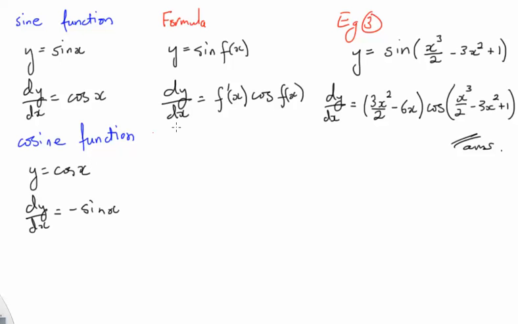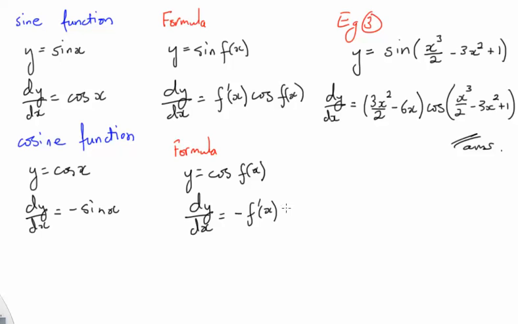Let's look at the formula. So the formula for that is, if I have y equals cos of some function of x, well, the derivative equals negative, chuck the derivative out the front, sine f of x. And let's top it off with an example.